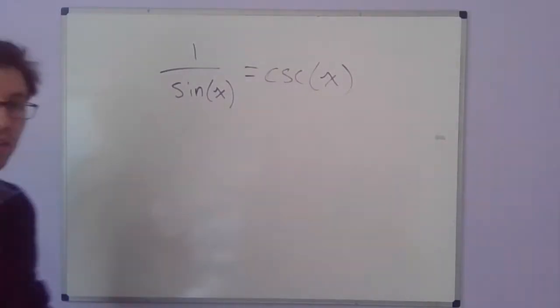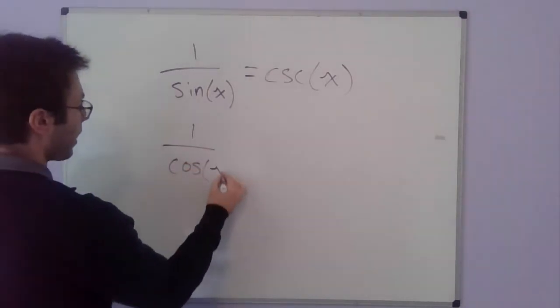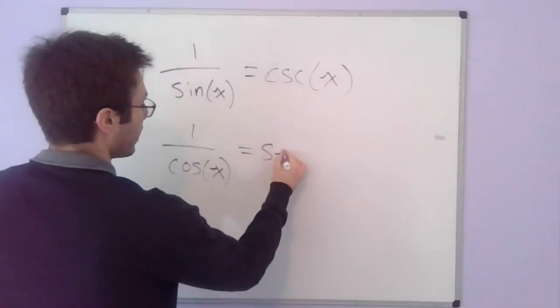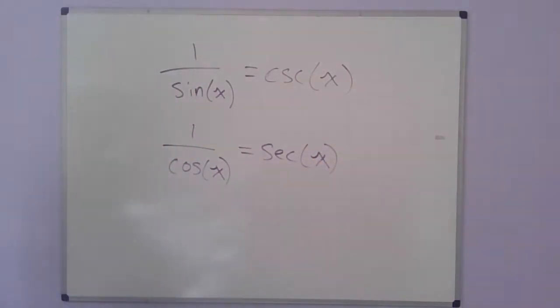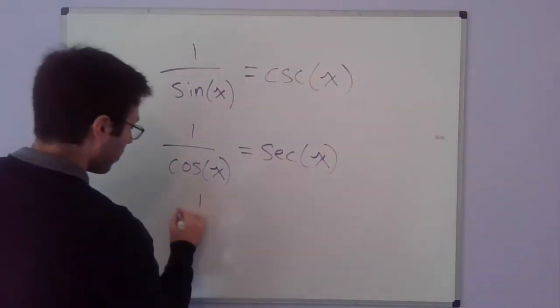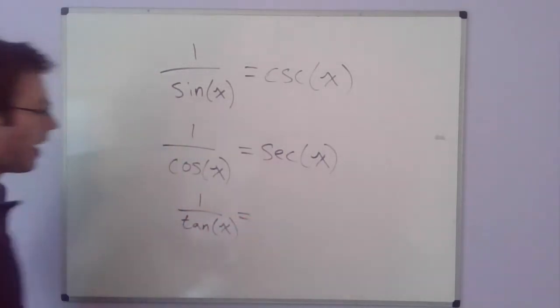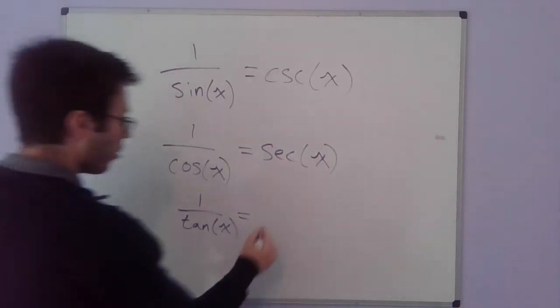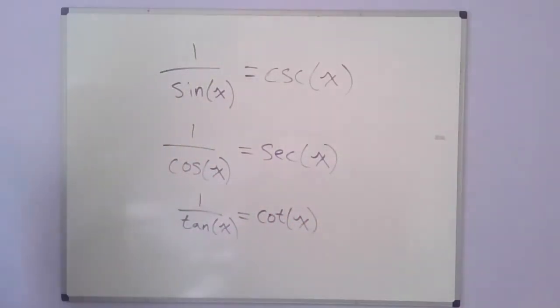Okay, so you have to know that. 1 over cosine of x is equal to secant x. And also when you see 1 over tangent x, know that that value is also equal to cotangent x. So all of those are important, okay?